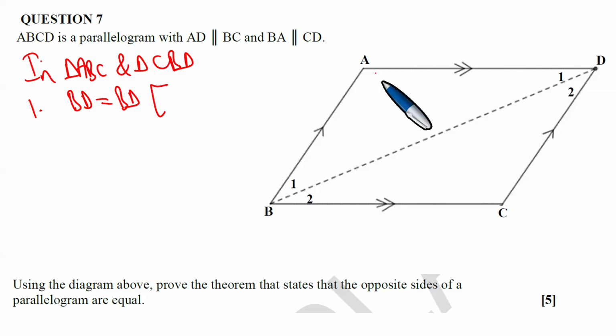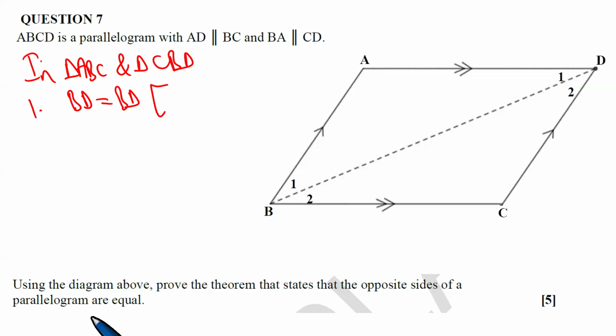Okay, so if you look at the triangle AB, we want to prove that the opposite sides of a parallelogram are equal. So you can take triangle ABD, and now you can establish that D1 equals B2.